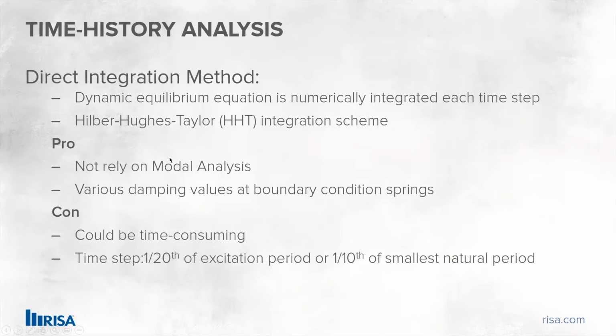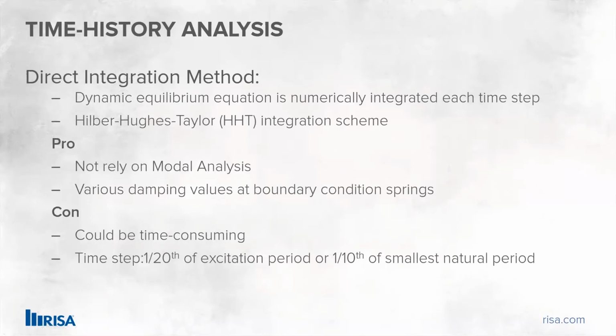The pro is it doesn't rely on any modal analysis because it's directly solving the equation. And you can change the damping because each single step is solved separately, so you can use various damping ratios. And the con is pretty obvious. If you solve it in each step, you're going to take a lot of time.